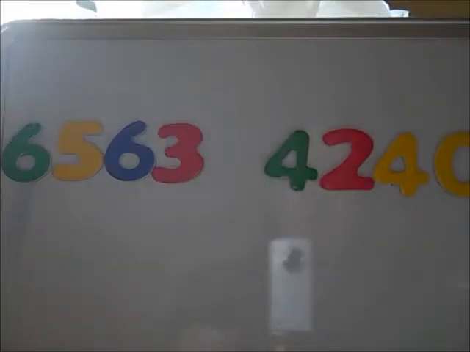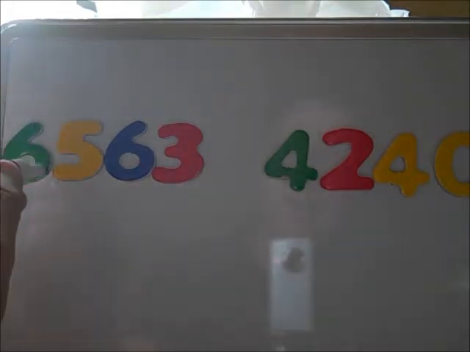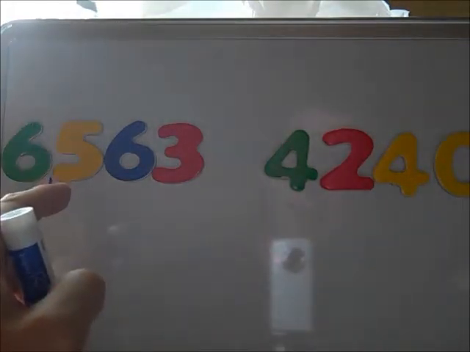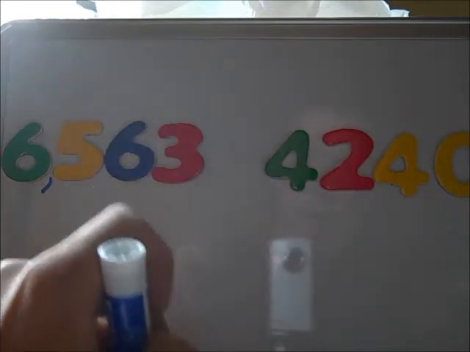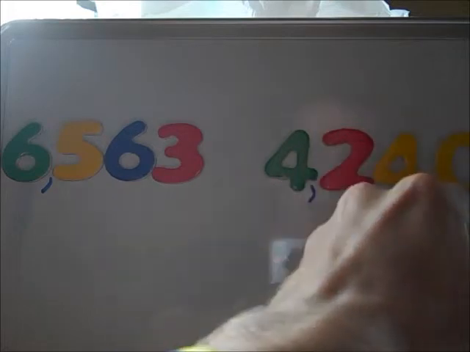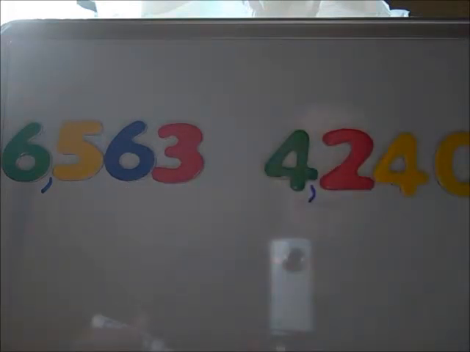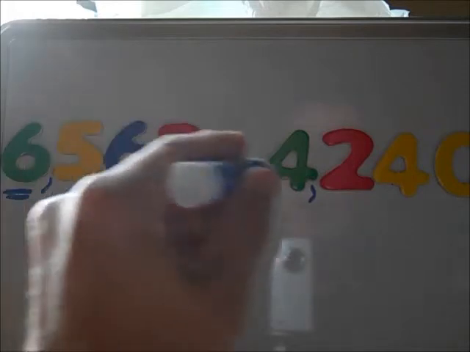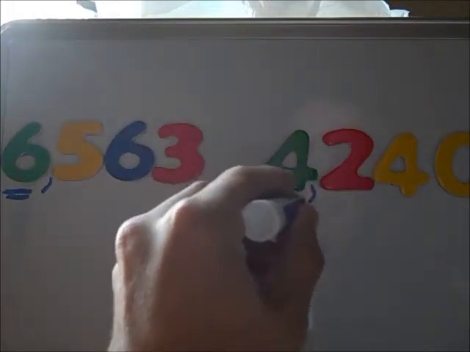So now we come up to comparing two numbers. We have the number 6,563. And we want to compare that to the number 4,240. What we've got to do is look at our place value. If we come over here, we want to look at the one furthest on the left. In this case, it is the 6. Comparing on this number, the furthest one to the left is the 4.